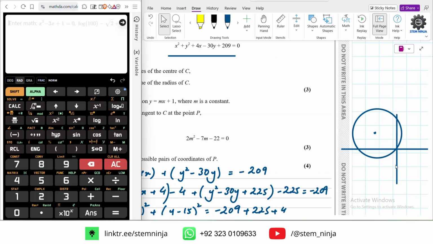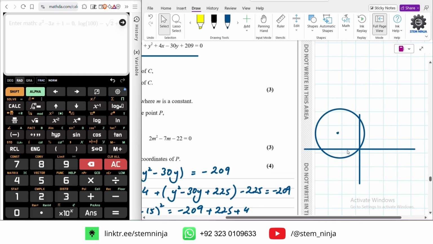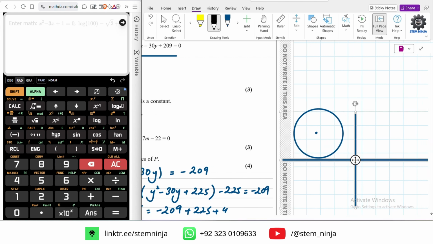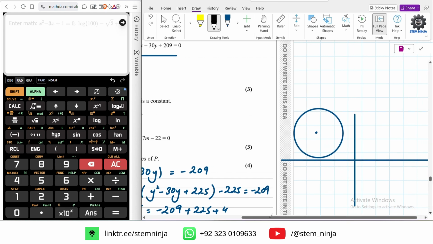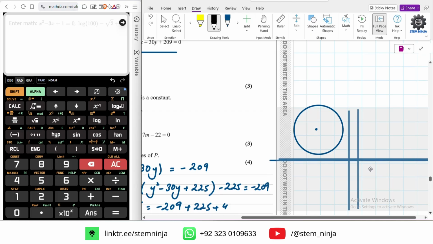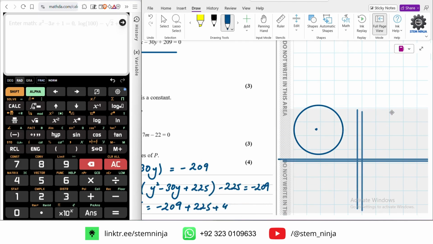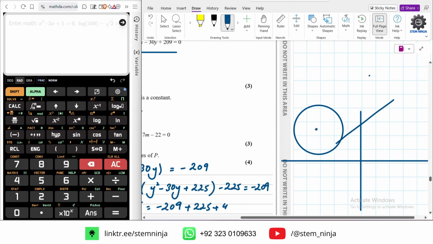So y = mx + 1 is basically just a tangent. However it looks, it is either going this way or, wait a second.